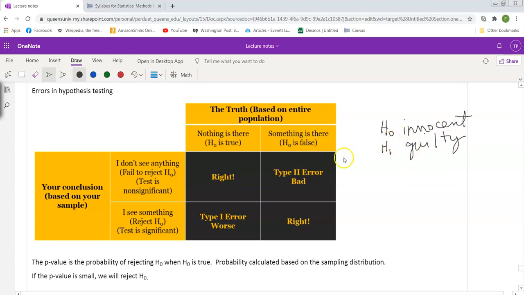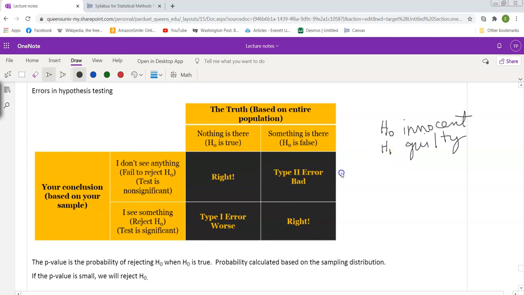So let's assume that H0 is false and H1 is true. So if the person is guilty, it would be an error to find them innocent. So if H0 is false, but we fail to reject H0, that's not good.